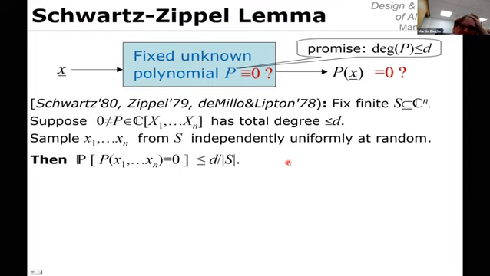I mean, this is exactly what it means to fail. I have a non-zero polynomial, you guess arguments, evaluate the polynomial at these arguments, and the result is 0. The result is a root, although it's not the zero polynomial. In this case, this is precisely the case where the generic test provides a wrong answer, a one-sided wrong answer, a false positive, claiming that this is the zero polynomial although it's not. And the theorem says this error probability is bounded by d, the total degree, divided by the cardinality of S.